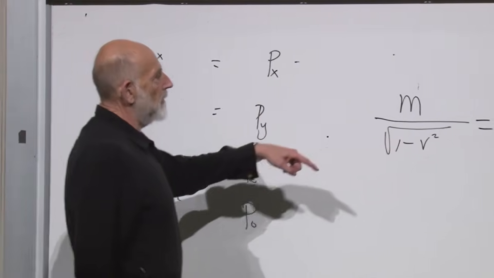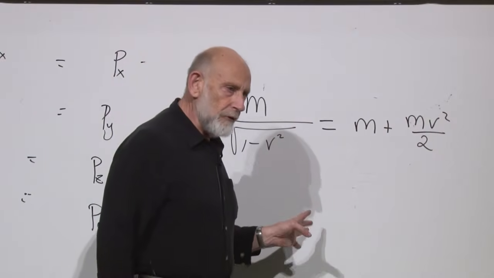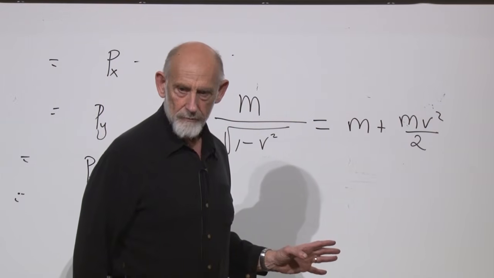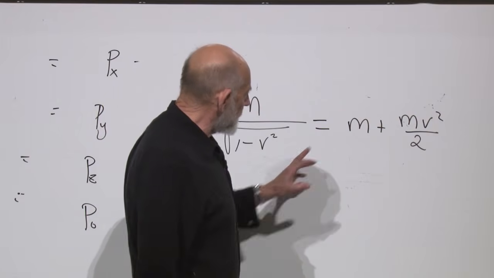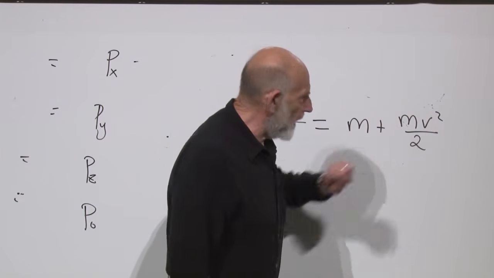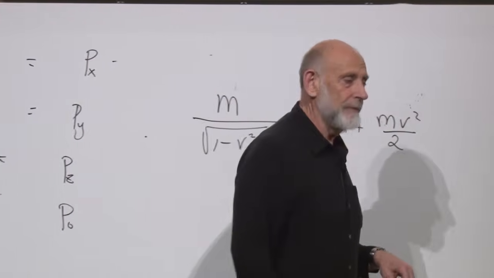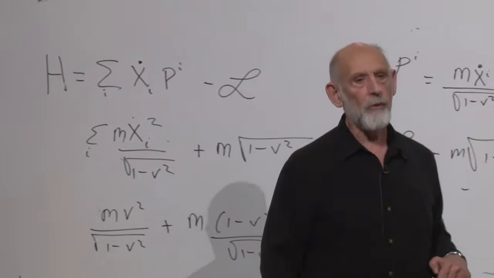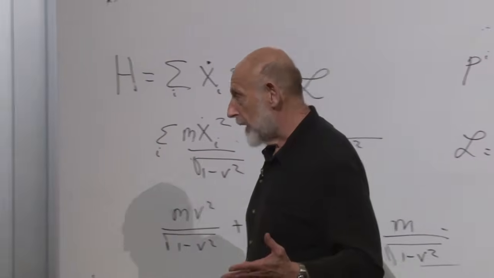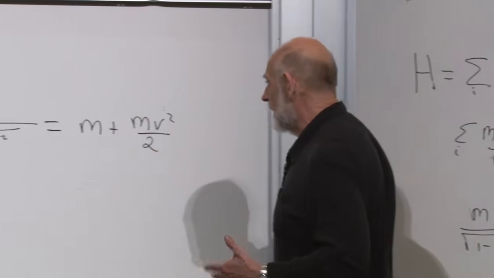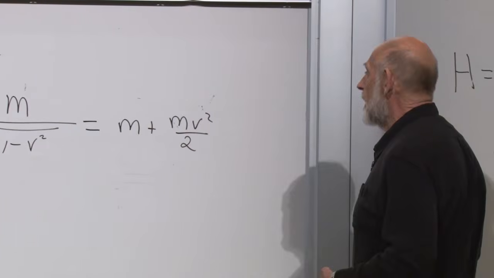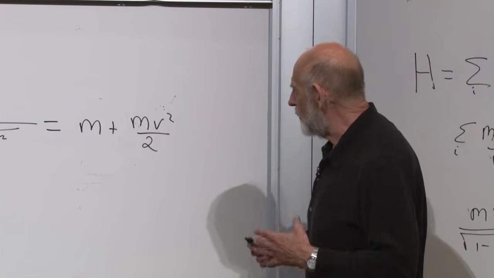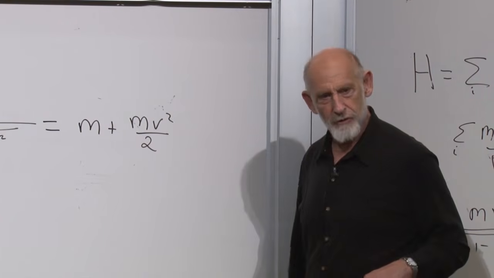What about this term over here? Well, first of all, this equation is not dimensionally consistent. Here you have an m, and here you have an m times a velocity squared. To give it units of energy, this term already has units of energy.